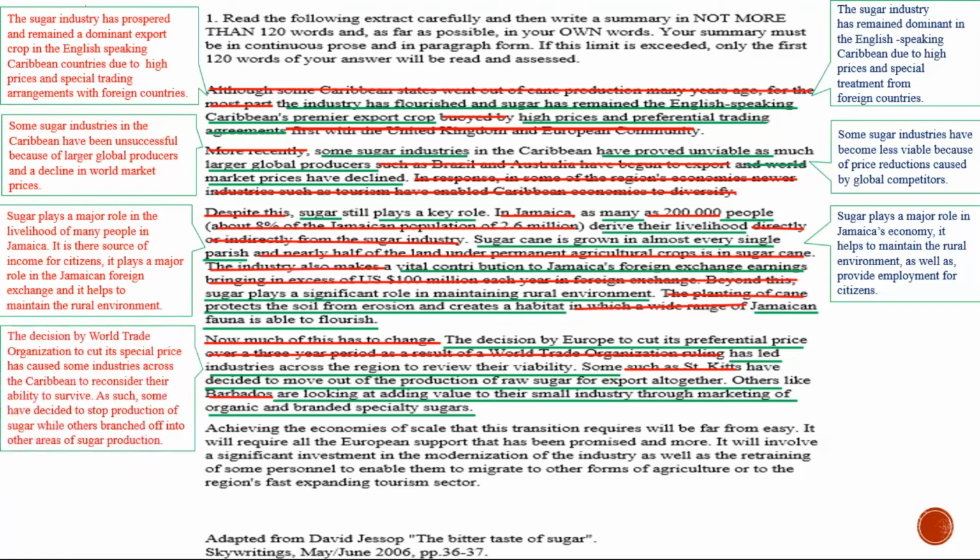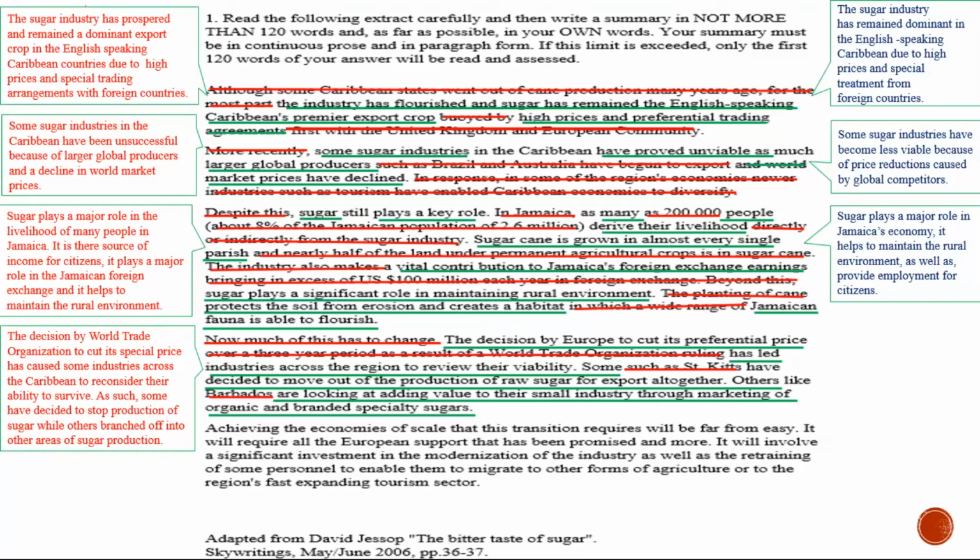The paraphrased version reads, the decision by the World Trade Organization or by European communities to cut its special rate has caused some industries across the Caribbean to reconsider their ability to survive. As such, some have decided to stop production of sugar while others branched off into other areas of sugar production, right?